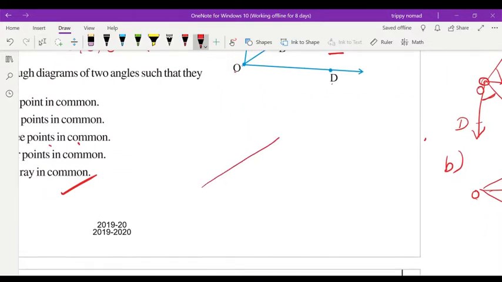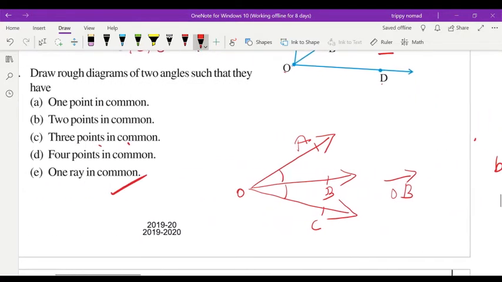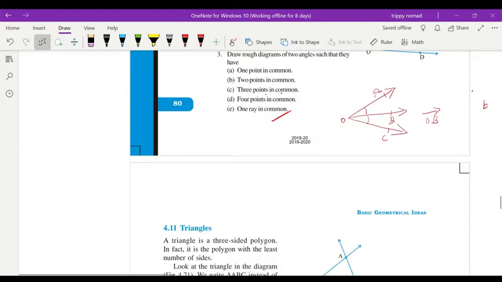Same way children, one ray common here, one ray as a common. Okay, A, O, B, and C. Ray OB is common. I hope you understood how to do. Okay, now we are going to start the next exercise.